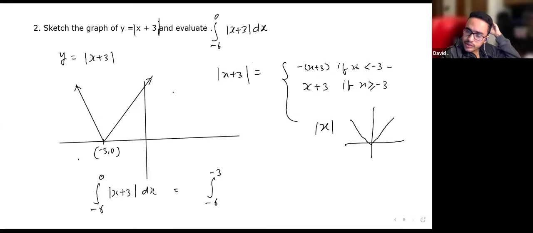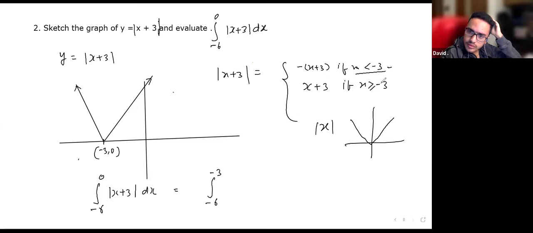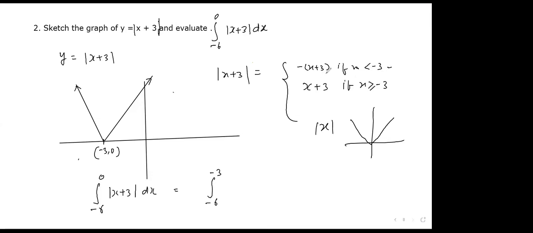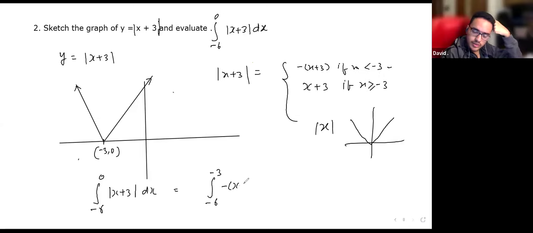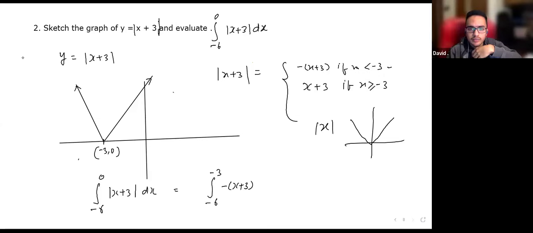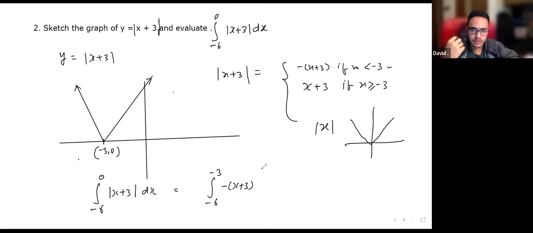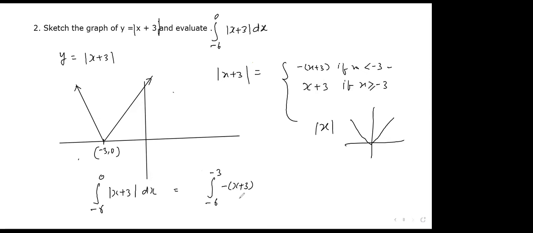Yes, sir. Why have we taken negative (x plus 3)? Because the limit is from -6 to -3, which is less than -3. So we have taken this one.